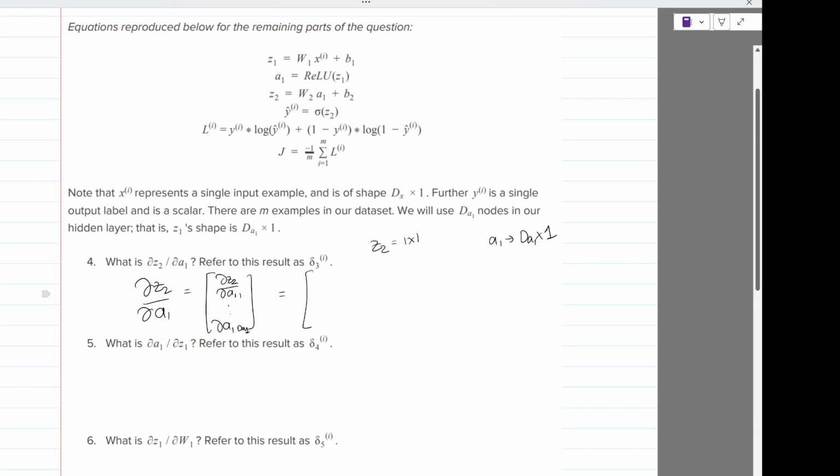W2 is of shape 1 into dA1. So it will be this W2 vector's first entry, second entry, till the dA1 entry. That will be your partial derivative for this.